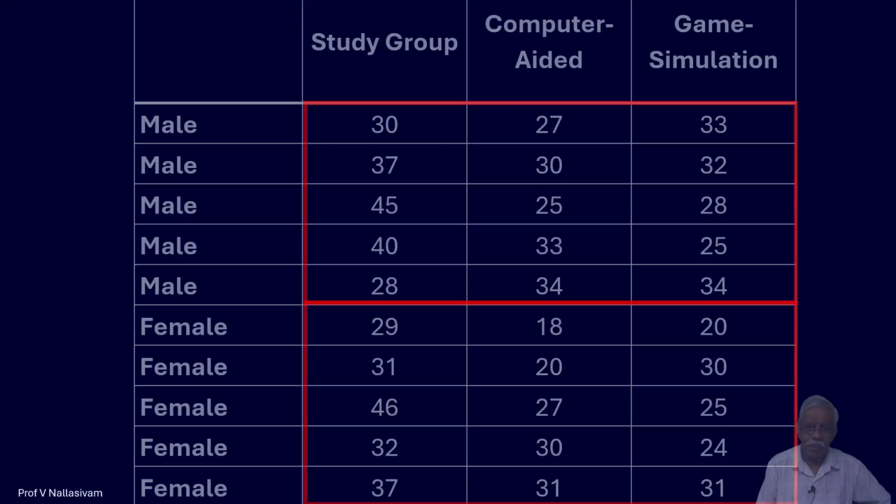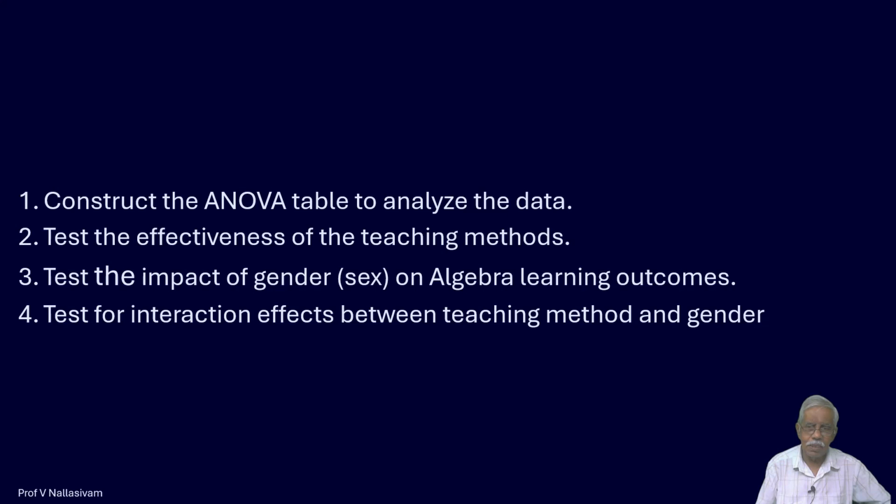Based on the above data, you have to construct the ANOVA table to analyze the data. Test the effectiveness of the teaching methods. Test the impact of gender on algebra learning outcomes. Test for interaction effects between teaching methods and gender.